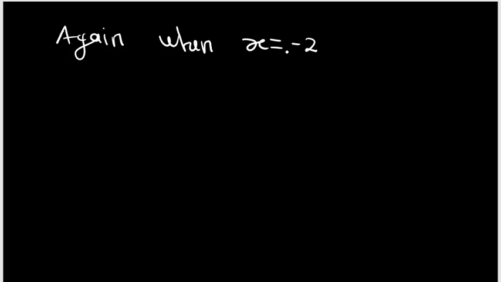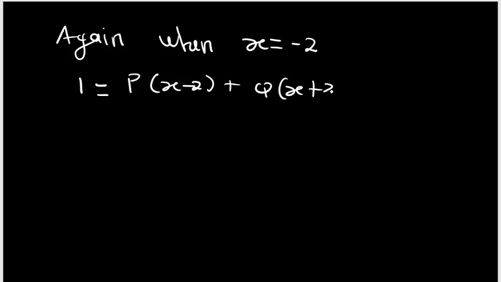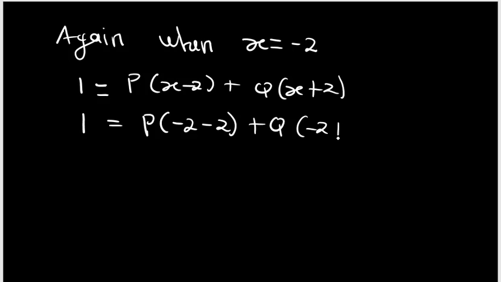So we are going to substitute this -2 into that equation that we had, that is 1 being equal to p times x minus 2 plus q times x plus 2. So this time around we are saying that when x equals -2, what is going to happen? We're going to have our 1 being equal to, we have p, so -2 minus 2, plus q, -2 plus 2. Now wherever we are having x, we are substituting -2 there.